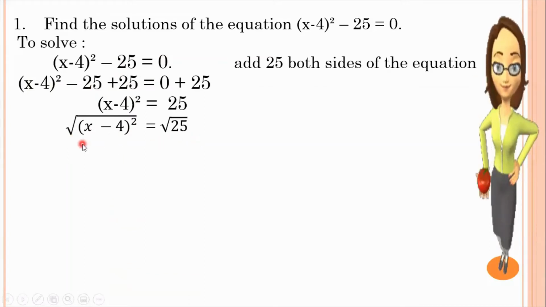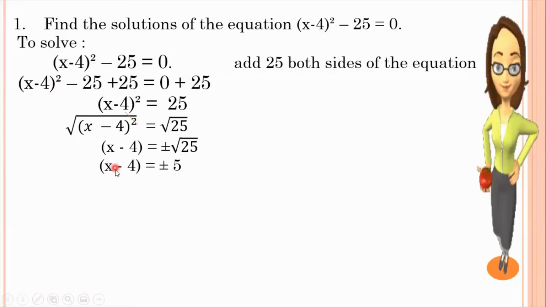So we have square root of (x minus 4) quantity squared is equal to the square root of 25. So eliminate this square root sign and the squared. So it becomes x minus 4 is equal to positive or negative square root of 25. And 25 is a perfect square. So square root of 25 is, yes, that is 5.